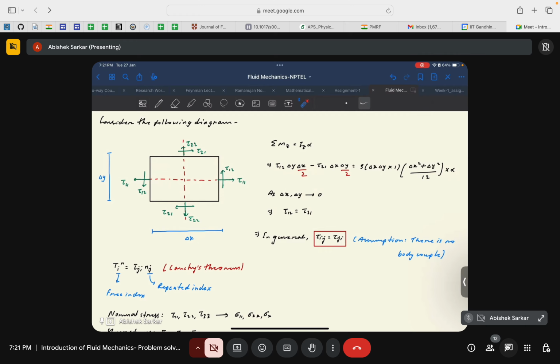That is, tau 1 2 would be equal to tau 2 1, tau 1 3 would be equal to tau 3 1, and tau 2 3 would be equal to tau 3 2. So in general, given that there is no body couple acting on the fluid element, our stress tensor is a symmetric tensor.